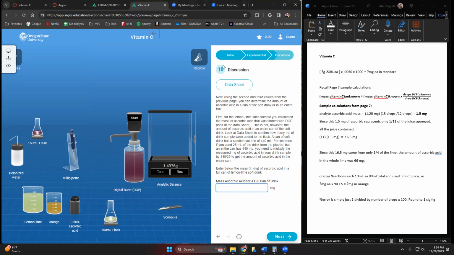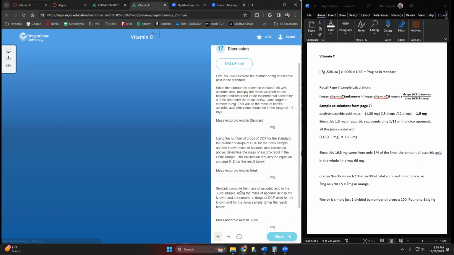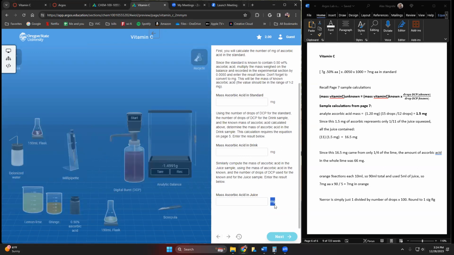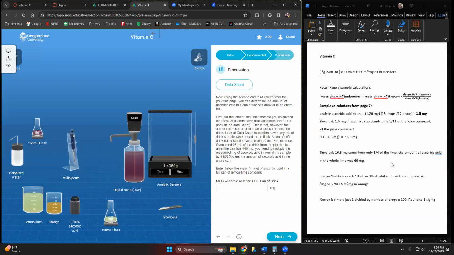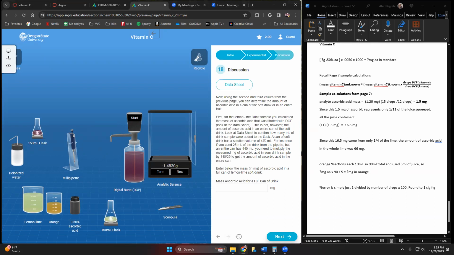Well, if we know how many milligrams there are for the drink, we can take that mass, multiply it by 440, divide it by 25, and then we get the mass for the full size drink.